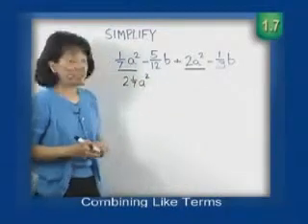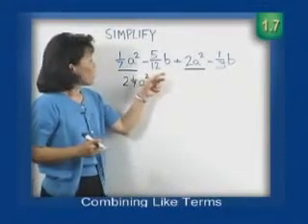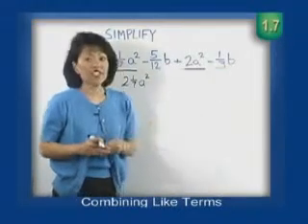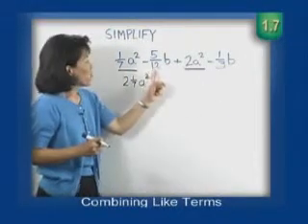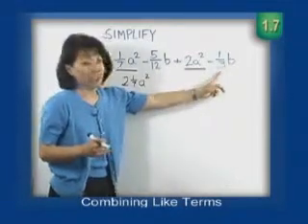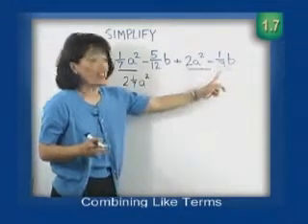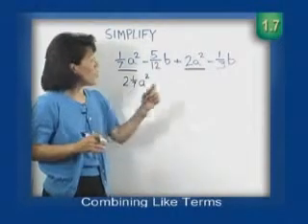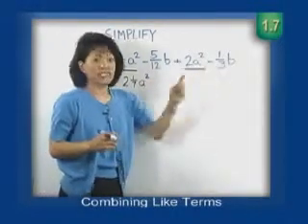Now let's check our other two terms. I've got negative 5/12 b and negative 1/3 b. These are like terms. So what we're going to have to do is add together the negative 5/12 and the negative 1/3. But remember, in order to add fractions, we must have a common denominator.